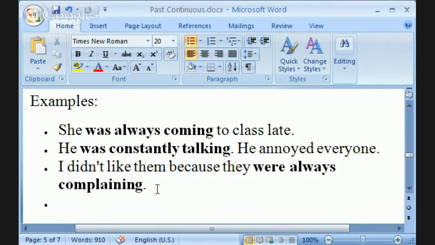Hussein, you want to try this one out? Sure. For this context. Yes.